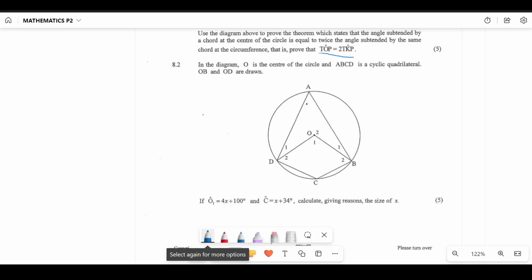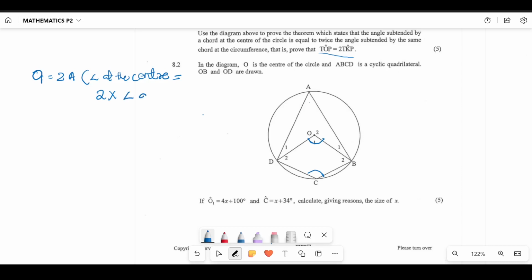Okay, what is given is this angle and angle C. So if you know this angle, you can always find angle A, because we know O1 equal to 2 times A, because of the theorem, angle at the center equal to 2 times angle at the circumference.